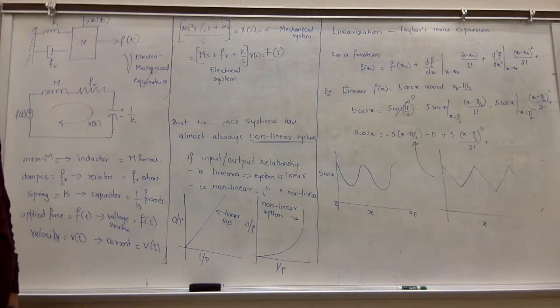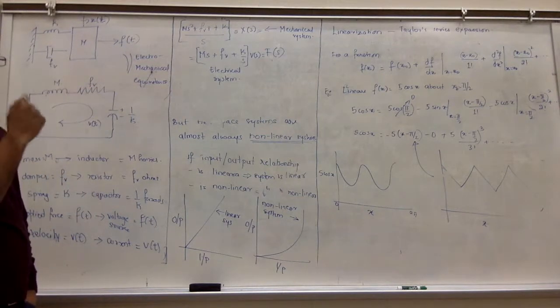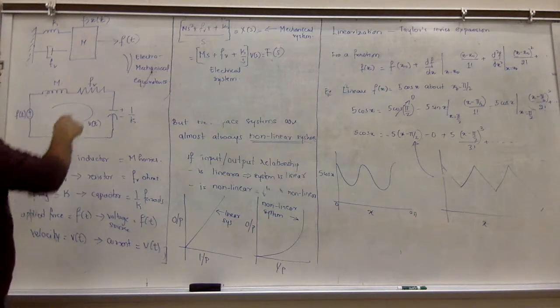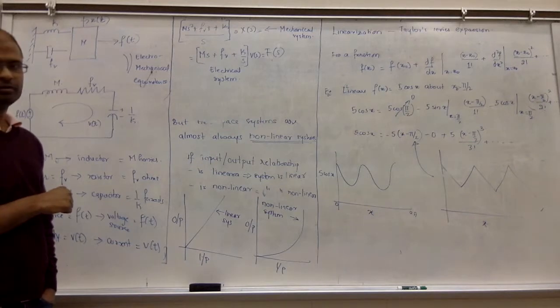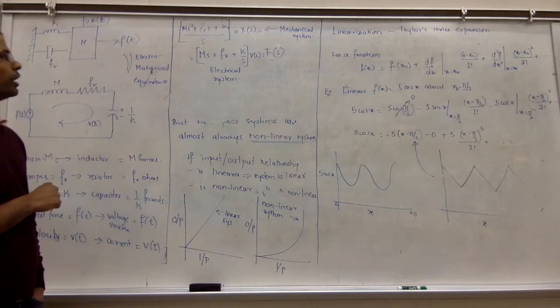It's just Fv times s. Fv is just a symbol. S is the frequency variable.